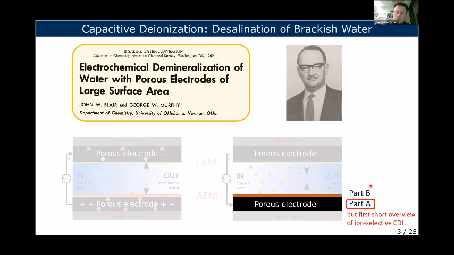And if you then look into literature and also the way our group is approaching this interesting field of combining a desalination approach by fishing for the proper ions, you can work on different aspects of the electrode, as well as work on membranes or materials that are covered onto such an electrode. So part A of my talk is about the electrode, and the second part, B, is on doing chemistry onto the electrode. Before I do that, a short overview of literature in terms of ion selective CDI.